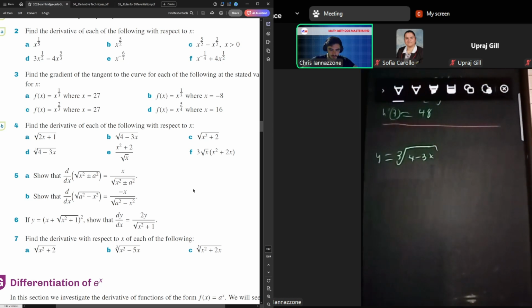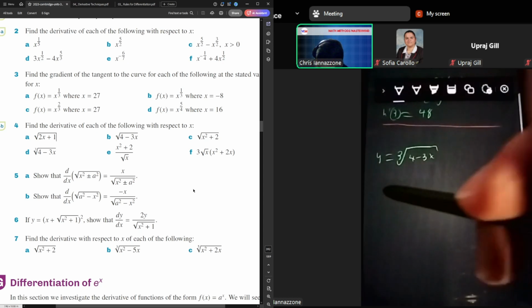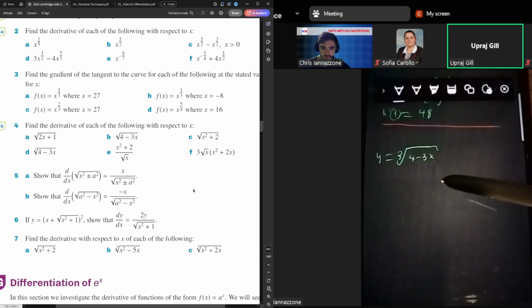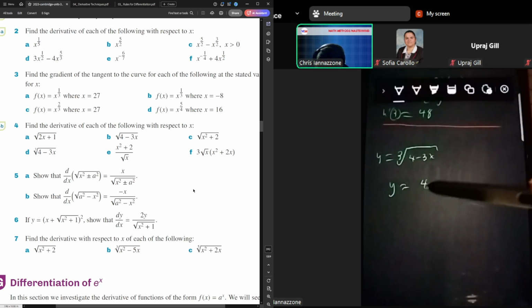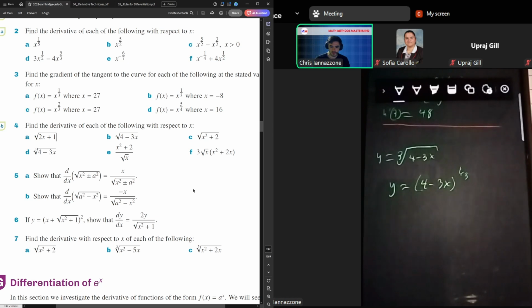Cool. So, first things first, we have this cube root here. What would be a good idea before doing the derivative? Convert it to a power of 1/3. Power of a third. Nice. Y is equal to 4 minus 3x all to the power of a third. Cool. What are we going to do here to now find this derivative?